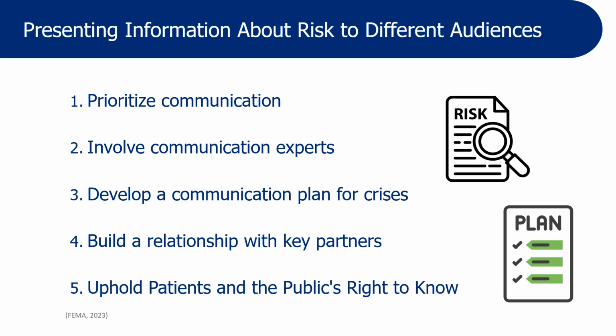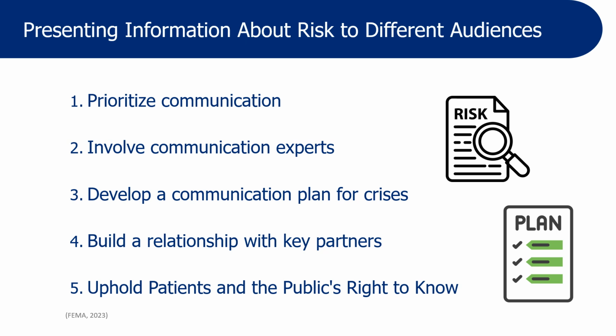Number 3. Develop a communication plan for crisis. Identify potential crises, outline risk reduction plans, list available resources, and assign responsibilities and roles to all involved colleagues and staff. Number 4. Build a relationship with key partners.